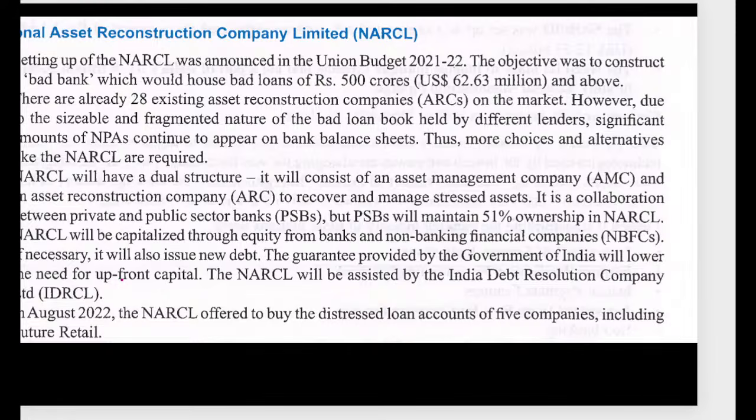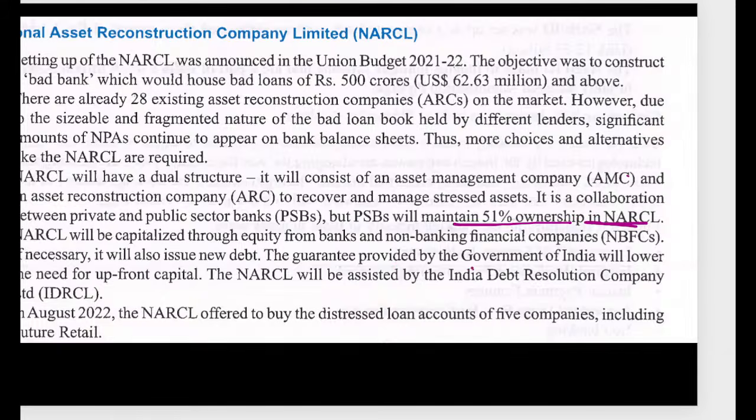Here you will get the detailed explanation also. I just want to check this stakeholding. NARCL has a dual structure with this AMC. It is a collaboration between public sector banks, and this is about NARCL. NARCL will be capitalized through equity, and if necessary, it will also issue new debt.